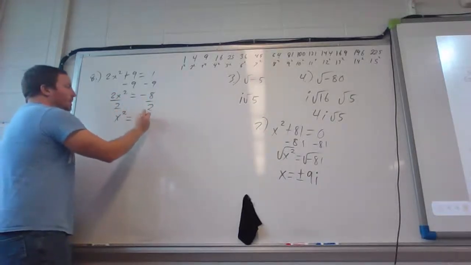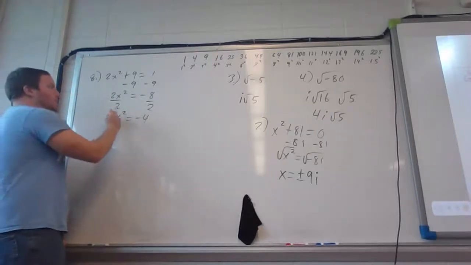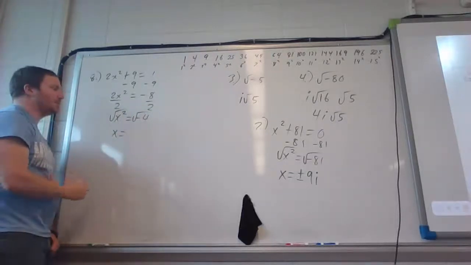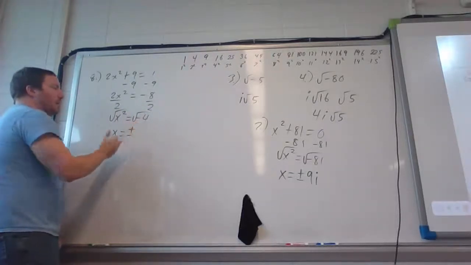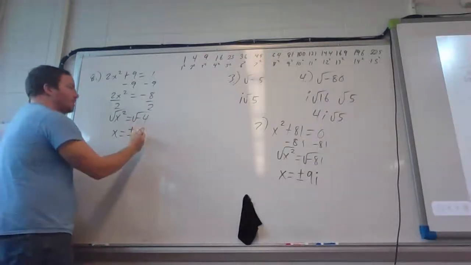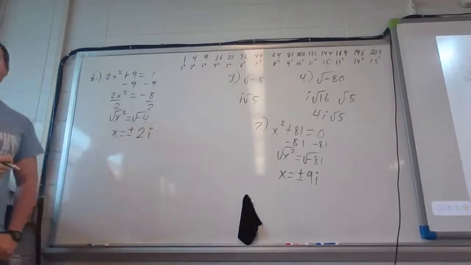So x squared equals negative 4. Then take our square root. So x equals, throw in your plus and minus. Square root of 4 is 2. And we have that negative, so attach our i. Okay.